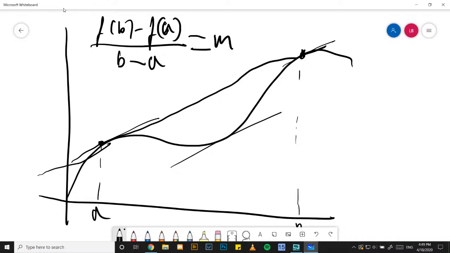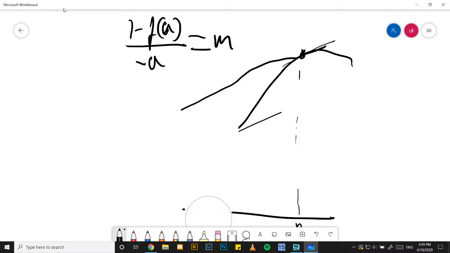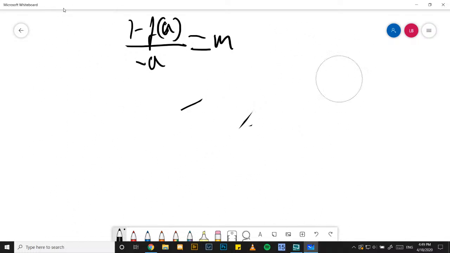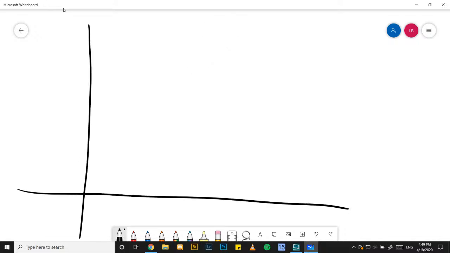Another very interesting thing to quickly mention is that another way to prove that this is true is by using Rolle's theorem. Rolle's theorem is just a simplified version, only one scenario.